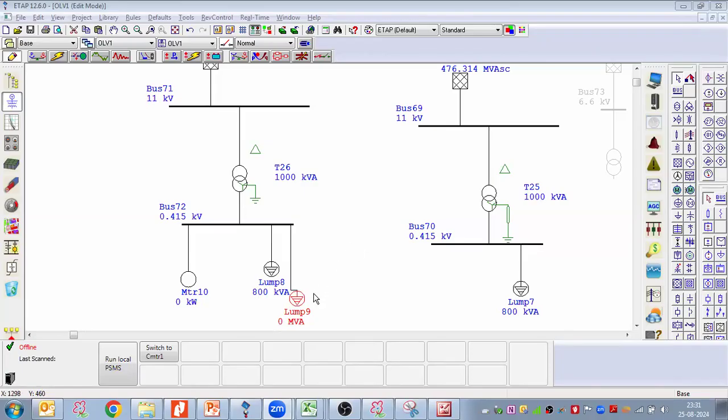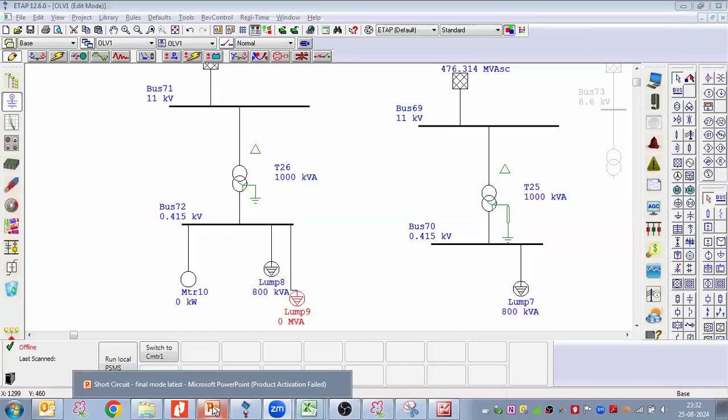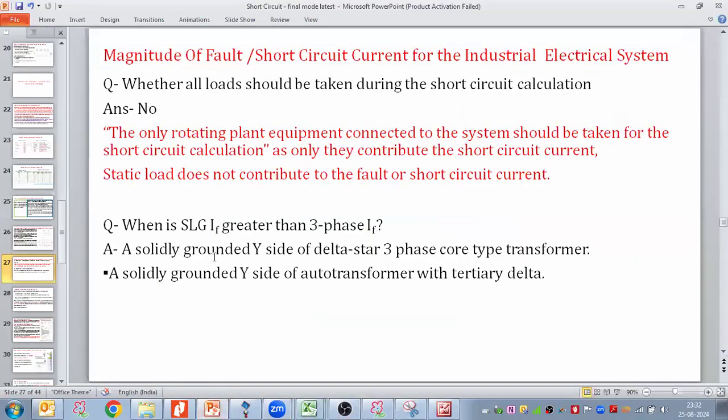I will try to model it; otherwise Venkatesh will do it. They will take different loads, model them, and see how much contribution is coming. So a static load does not contribute to the fault or short circuit current, and there is no need to take it. Rotating load contributes, so take that load.